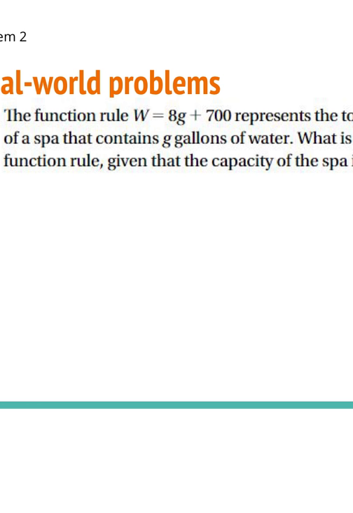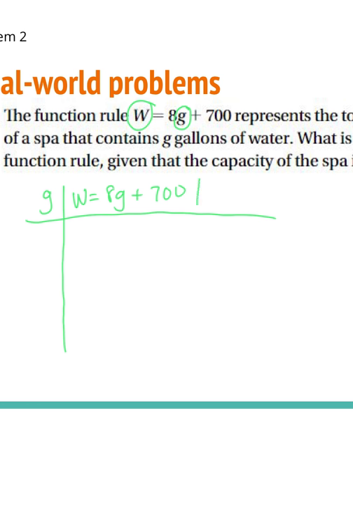G is now our x, and W is now our y, right? So we're going to have our values of G. We're going to plug those into W equals 8G plus 700. And then we're going to get a coordinate G, comma, W.